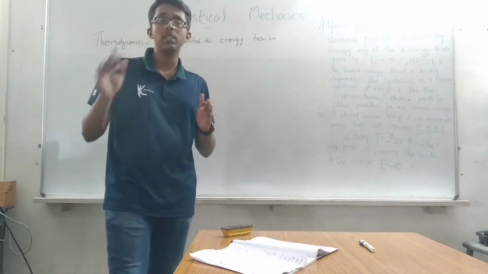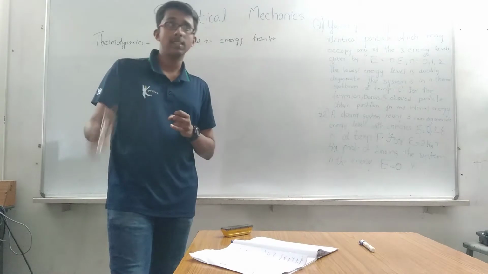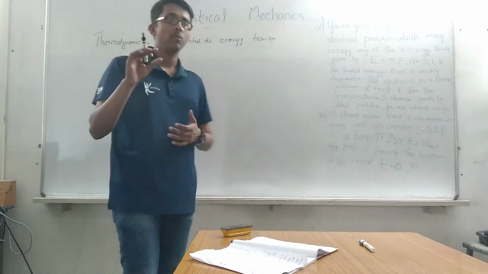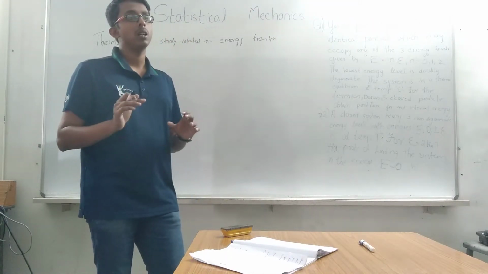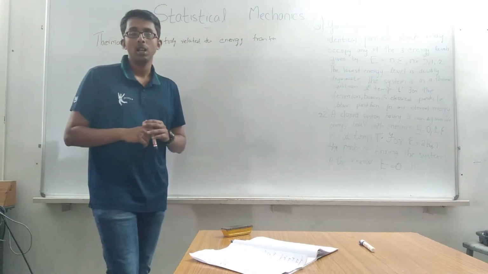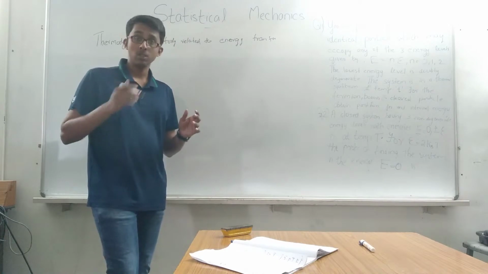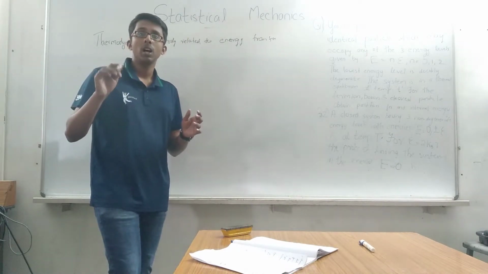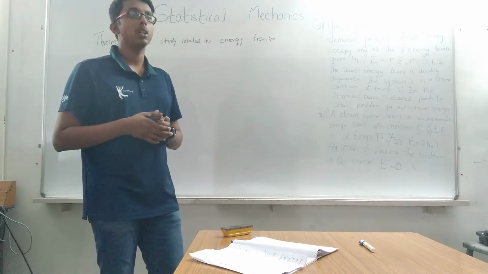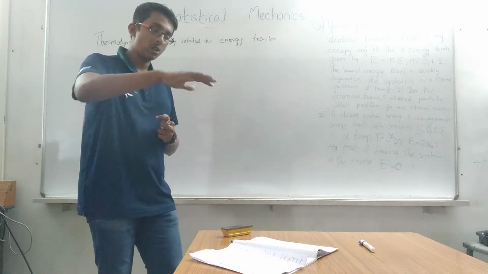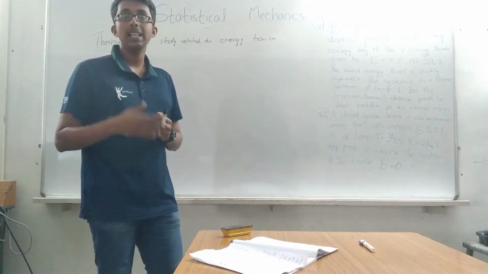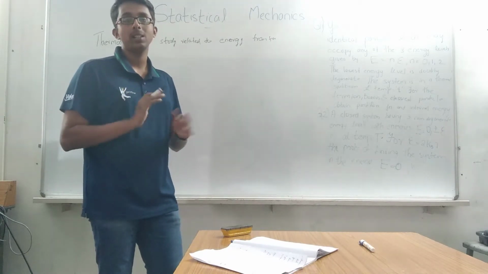So there are three types of systems: an isolated system, an open system, and a closed system. From the word isolated, we can say that this system will not transfer energy or matter with the surroundings. A closed system will only transfer energy with the surroundings and not matter. For example, when we boil a glass of water and close the container's upper part, it will only transfer heat energy to the surroundings, and the matter stays inside the container.